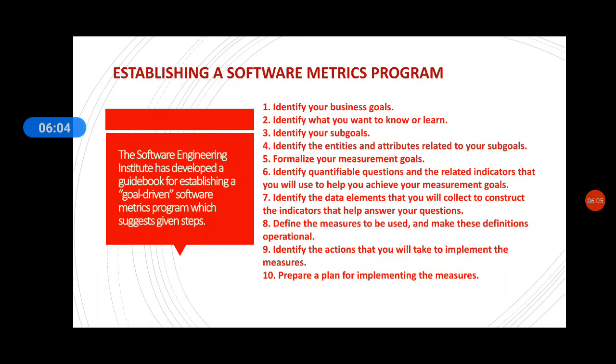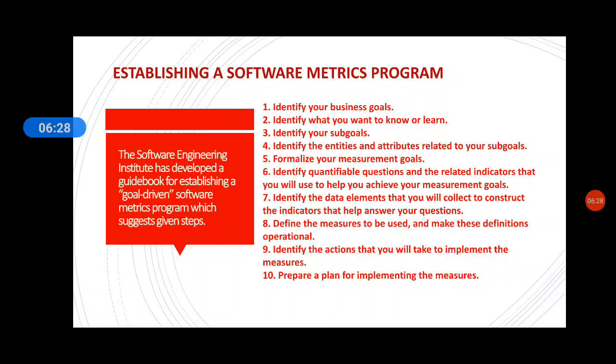Identify the entities and attributes related to your sub goals. We need to identify the entities as well as attributes present in that particular project which are related to the business sub goals.